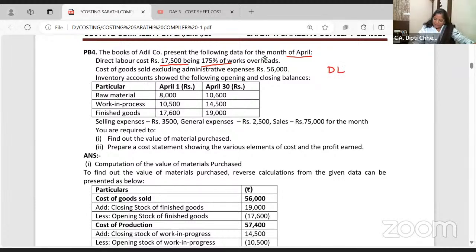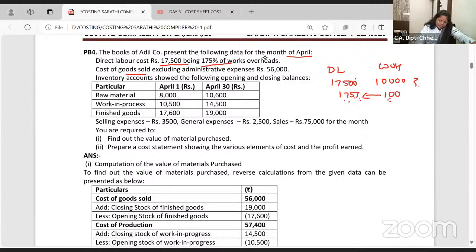If direct labor is 17,500 and it is 175% of the works overhead, so works overhead, 100 how much will it be? 10,000. Did you understand? Works overhead is 100, so 175% of works overhead is direct labor, and that's 17,500. So 17,500 is for 175%, for 100% how much? 10,000. So you got works overhead.